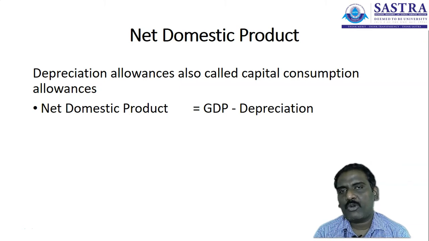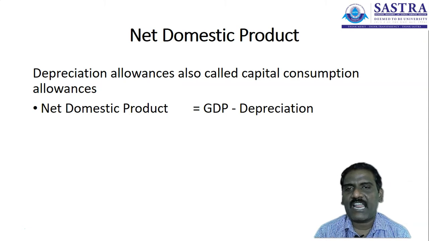The gross domestic product is calculated on the basis of consumption expenditure, investment expenditure and government expenditure plus export minus import. Along with this, we subtract the depreciation allowances or capital consumption allowances during the given period of time.